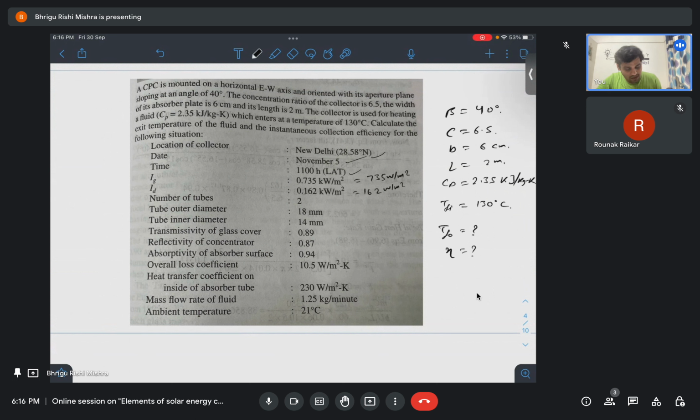And the tube outer diameter DO, DI, transmissivity of glass cover tau, reflectivity of concentrator rho, absorptivity of the surface alpha, overall loss coefficient UL, heat transfer coefficient HF, mass flow rate m dot, and ambient temperature TA. Everything is given.